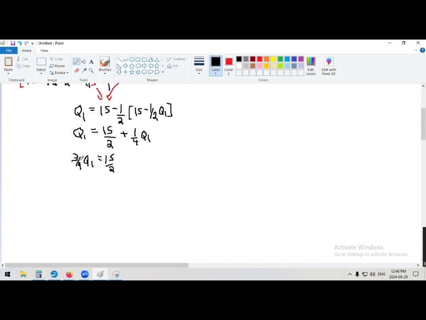So let's just move the numbers to the other side. So we get Q1 is 15 over 2 times, this flips up to the other side, 4 over 3. So let's see here, we can cancel these numbers. 4 divided by 2 is just 2. And then 15 divided by 3, that's 5. So we just have 5 times 2, so Q1 star is going to be 10.